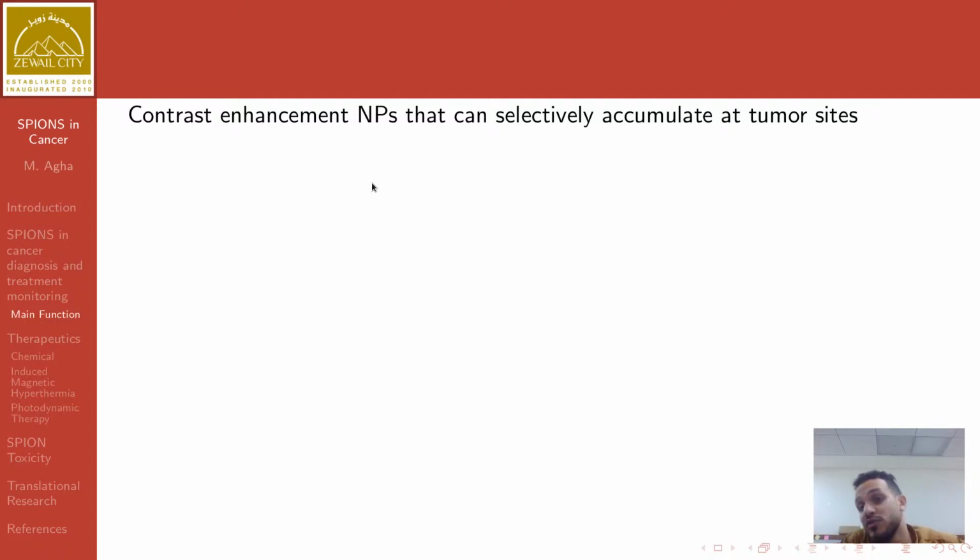They accumulate at tumor cells, thus increasing the resolution of the image of the tumor. We can see it better, we can know how to target it, we can know whether or not the treatment is fully functional without any invasive surgeries or any biopsies.